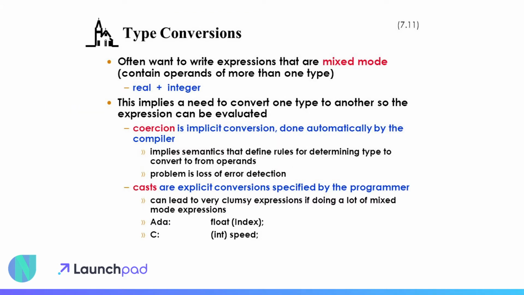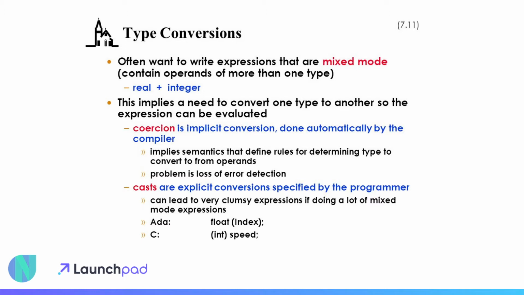Now often we want to write expressions in mixed mode, containing two or more operands, where some have a real part and some an integer part. What does it imply?